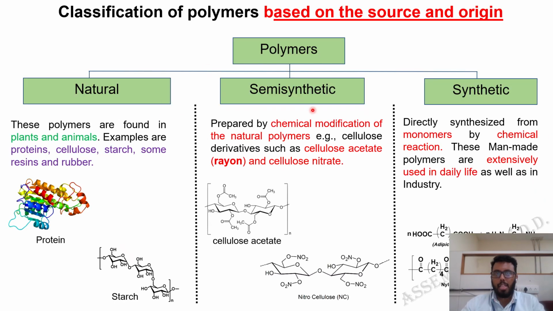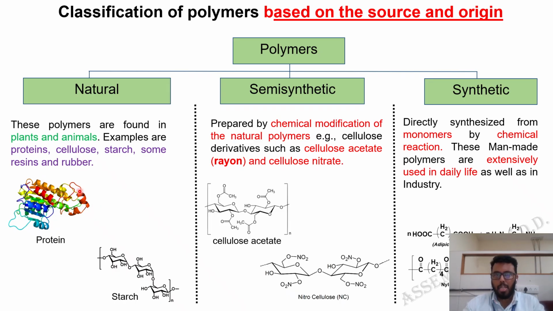Here, the classification of polymers has been listed based on the source and origin. Polymers can generally be classified into three major types: natural, semi-synthetic, and synthetic. Natural polymers are found in plants and animals. This includes examples such as proteins, cellulose, and starch. Our body contains proteins, and plants contain cellulose and starch, and some resins and rubber also contain the polymeric structure.